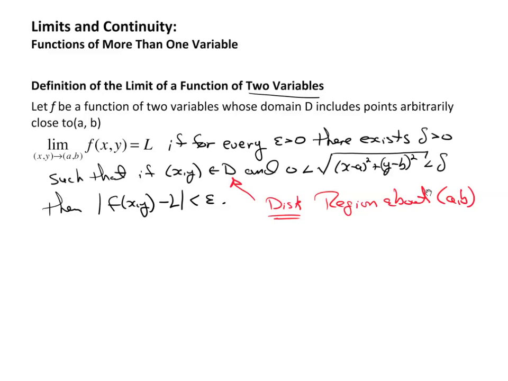So really all this is saying is that when I'm in some region about (a, b), when I'm taking the limit as x and y approach (a, b), such that the size of this region is less than delta, then I'm going to be within epsilon of the limiting value. This is very much like the definition of a limit for a function in one variable.